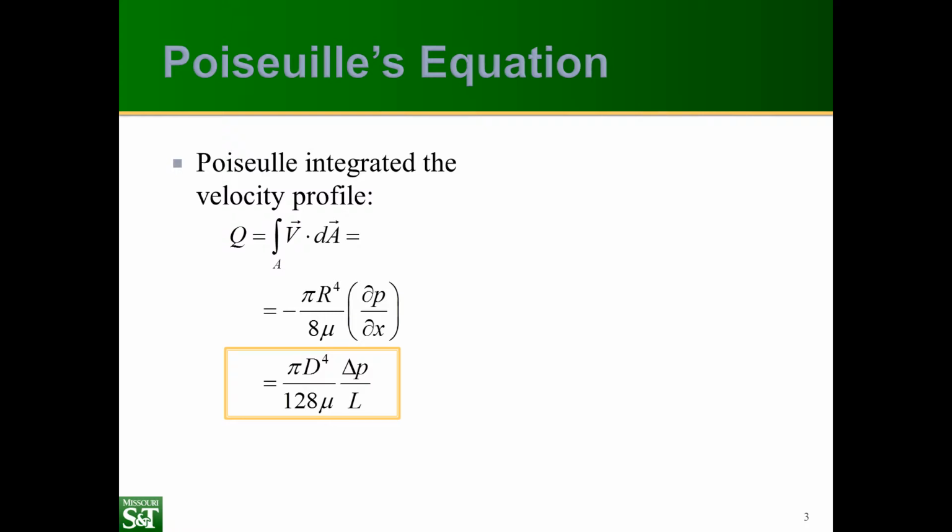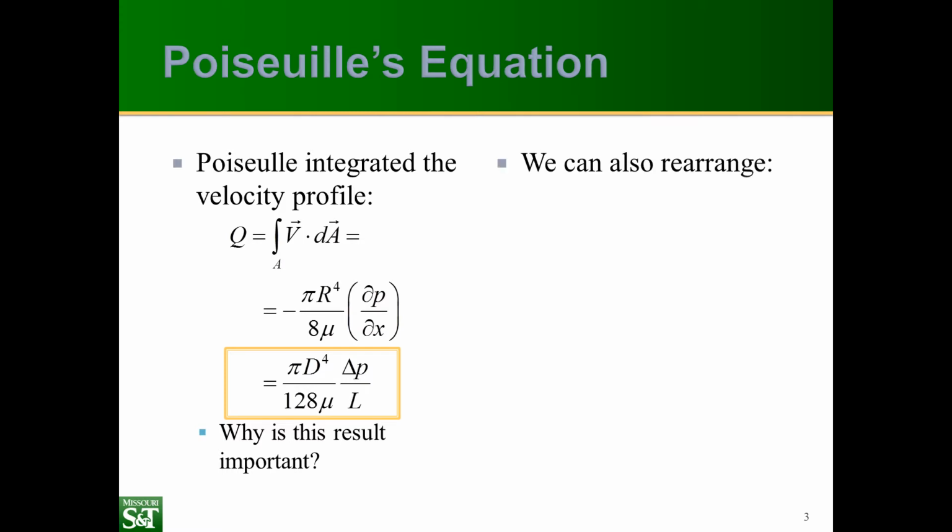The second reason requires a little bit of extra math to understand. If we rearrange Poiseuille's equation, we find that the dimensionless pressure drop depends on Reynolds number and dimensionless length. So now we can see that pressure drop depends on Reynolds number.